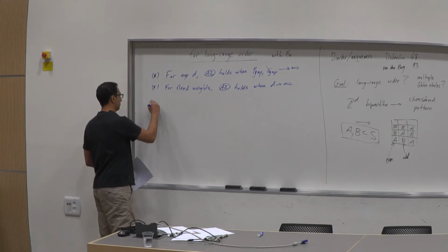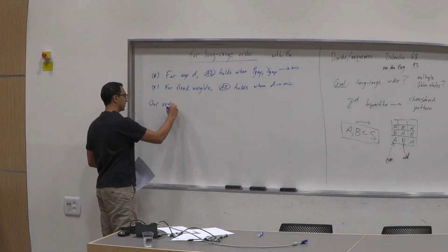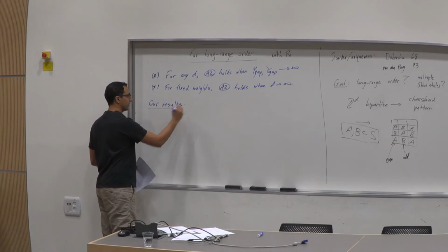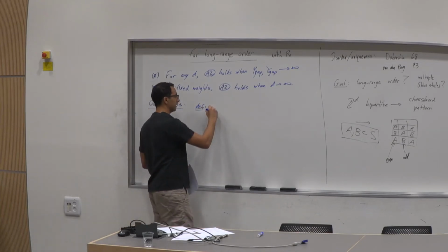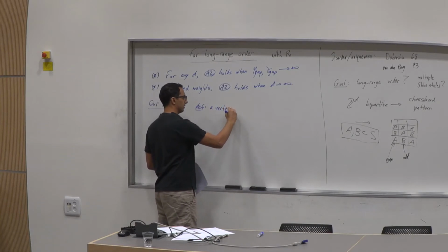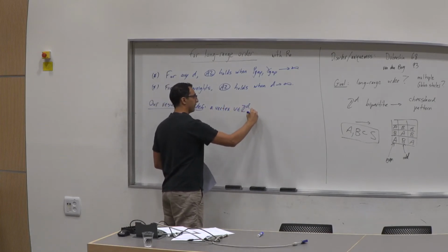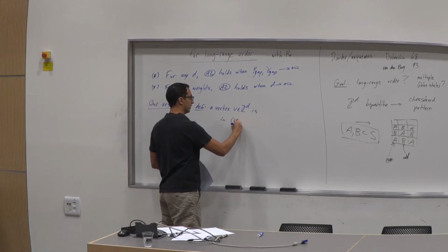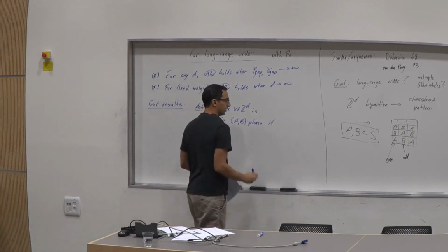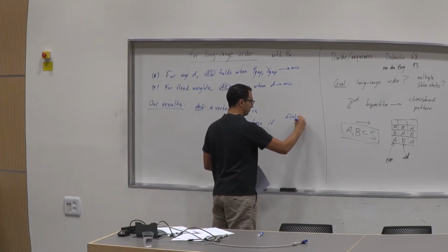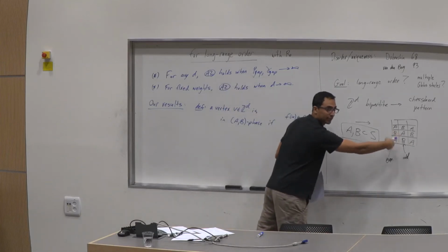Okay, so here are the results. Just before I state the result, let me give one other small definition. Let's say that a vertex of Z^d is in the AB phase if it satisfies this kind of pattern.